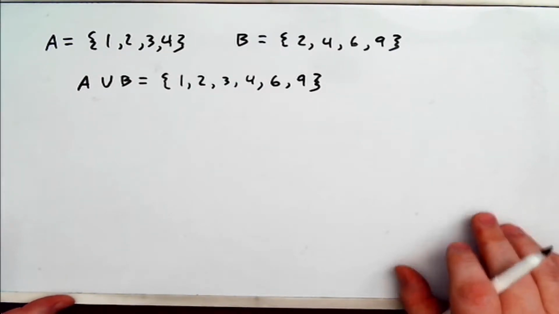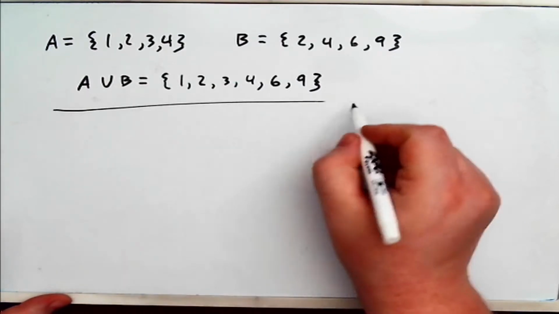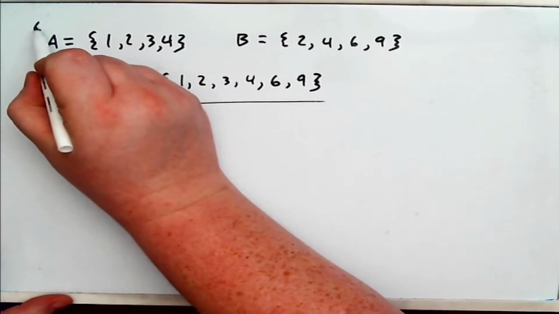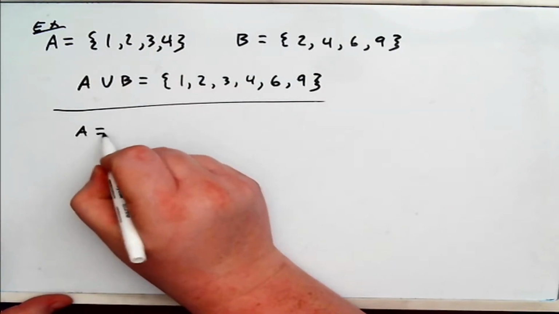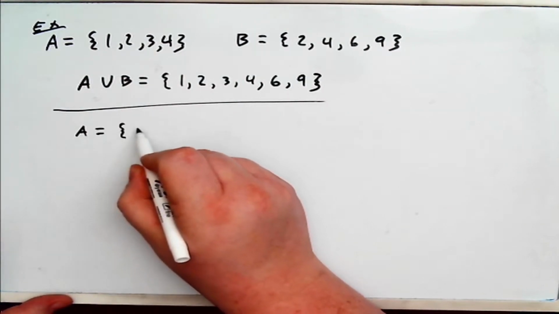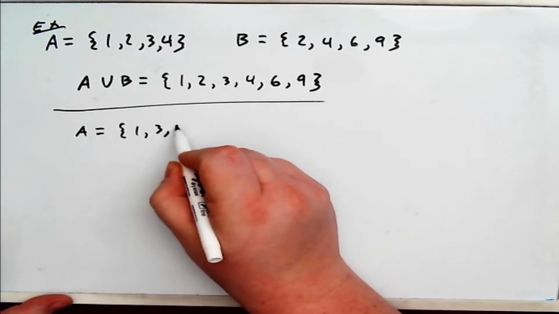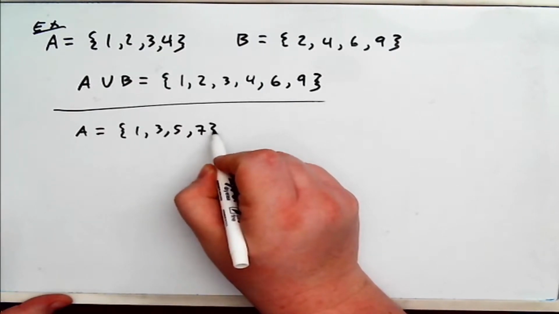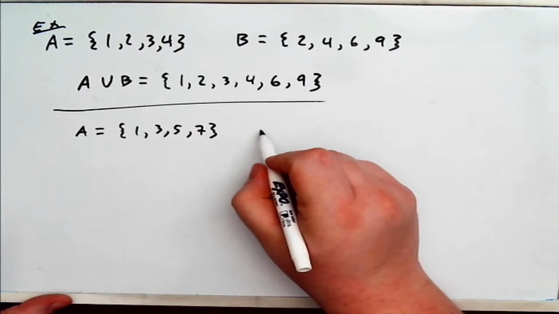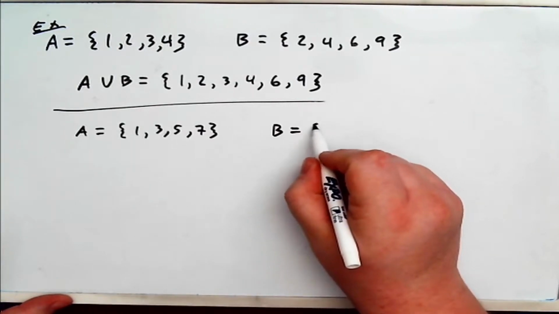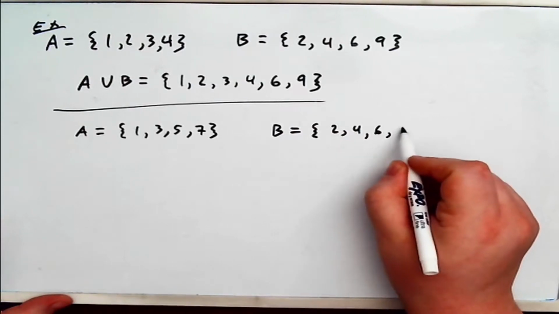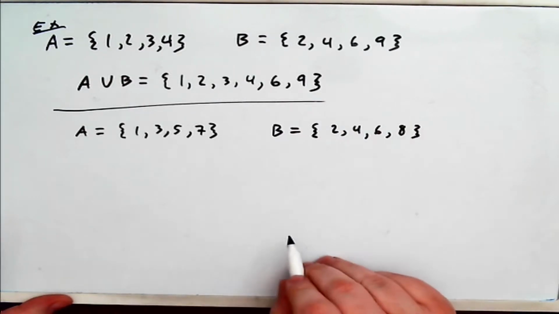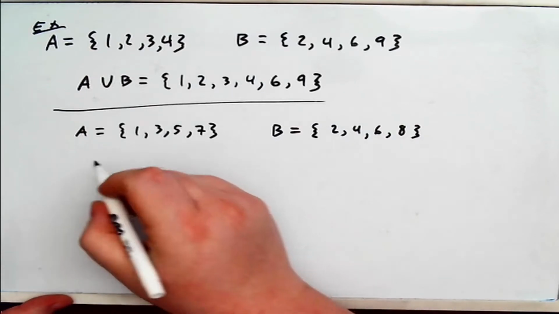Okay. Let's do another example. Alrighty, let's say we define A as being the set 1, 3, 5, 7. Let's say we define the set B as being the set 2, 4, 6, 8. Two completely different sets, that's okay.